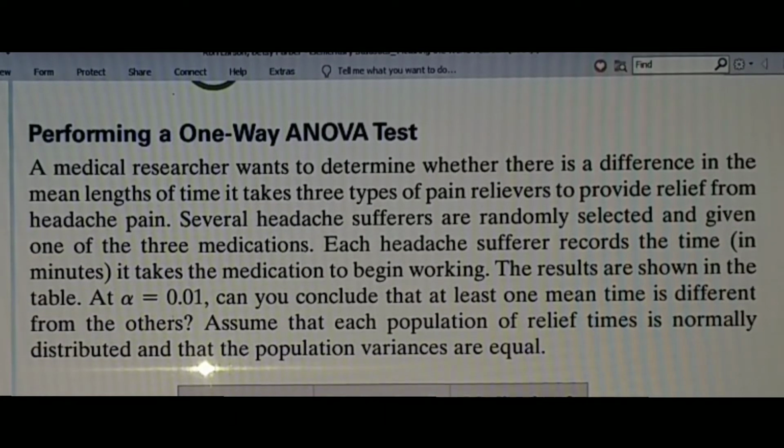Each headache sufferer records the time in minutes it takes the medication to begin working. The results are shown in the table. At alpha equal to 0.01, can you conclude that at least one mean time is different from the others? Assume that each population of relief times is normally distributed and that the population variances are equal.